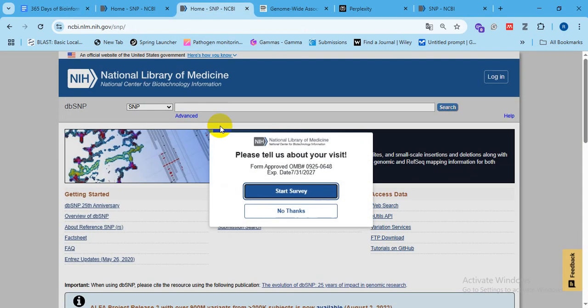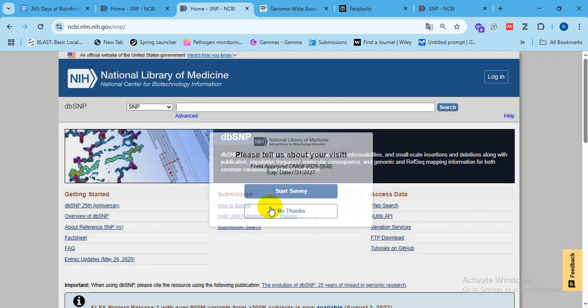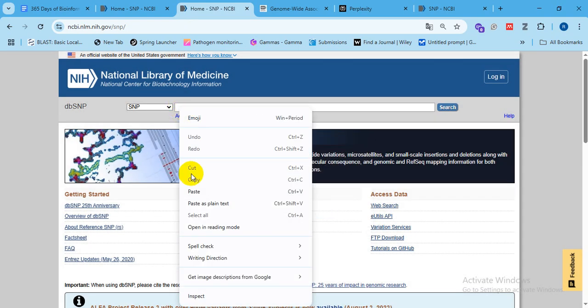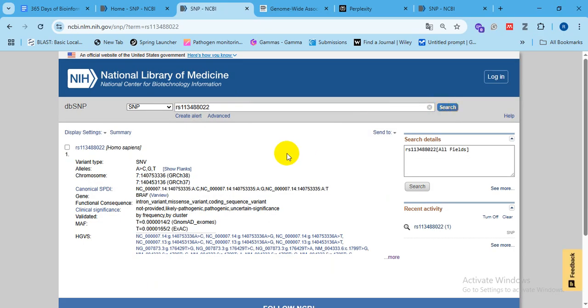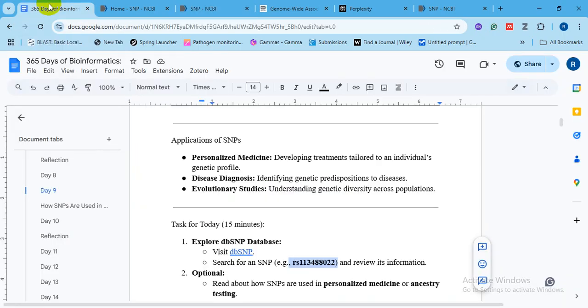I will go to the database and paste it in the search. I will go for search. Another part is to view information related to this SNP. It is present in Homo sapiens. What are the variant type, allele, chromosome, gene, functional consequence, and clinical significance? So this is the first application.